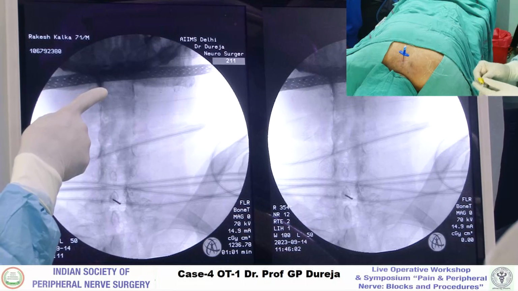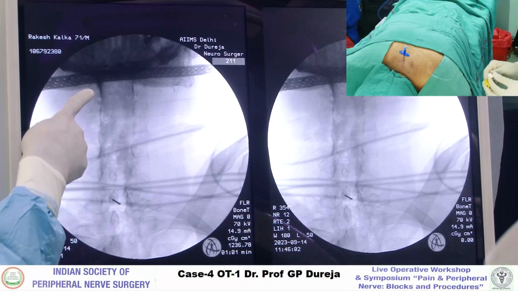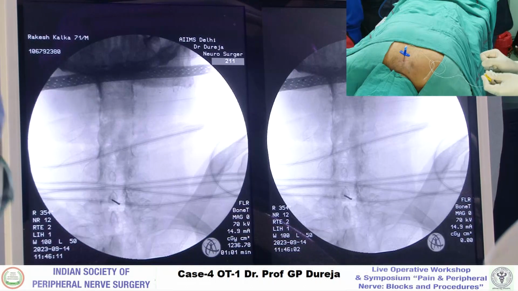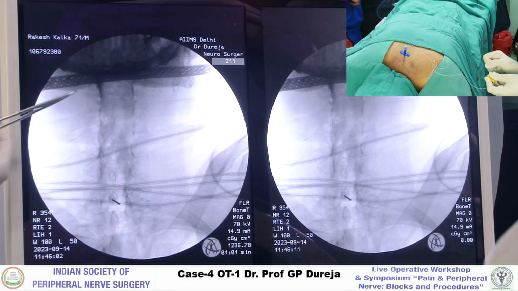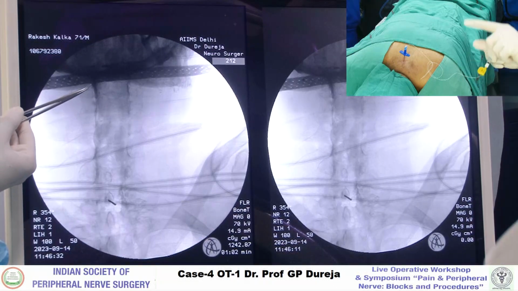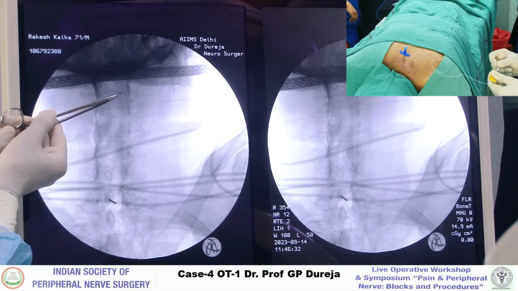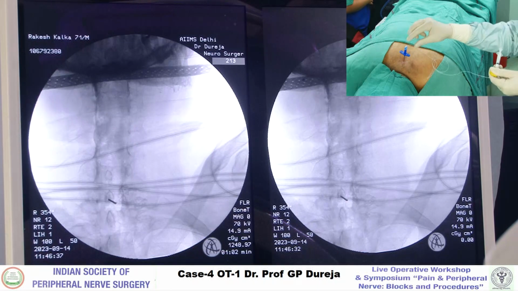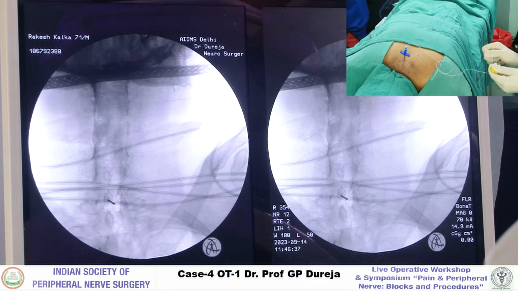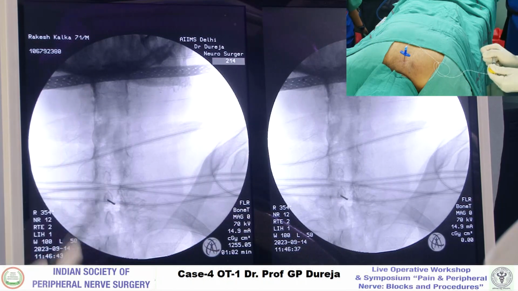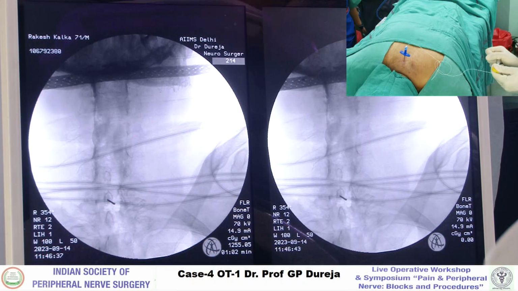I don't know whether you'll be able to appreciate there. We are not able to appreciate it here. Check, please, check. Yeah. You can see the catheter probably. Yeah, this. Yes. So he does have some symptoms on the left side also, which we can take care.